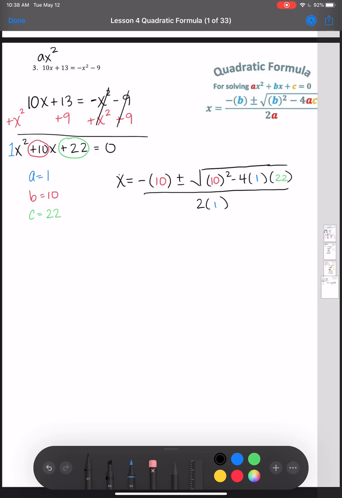Okay, so this here is a negative times a positive. That hasn't been different at all this video. If B were negative, you would have a negative times a negative, and that would become a positive 10. So just keep that in mind if that comes up. Plus or minus the square root. We have 10 squared.